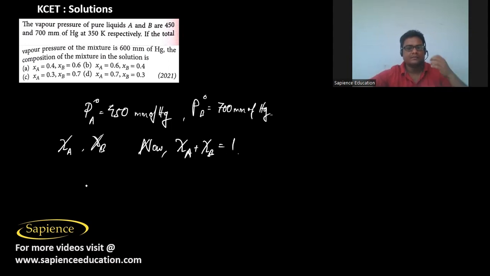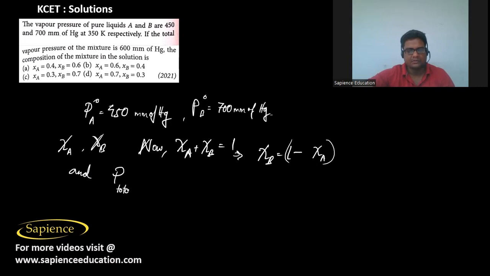So the mole fraction of B is 1 minus the mole fraction of A. The total pressure of the mixture equals P naught A into mole fraction of A plus P naught B into mole fraction of B.